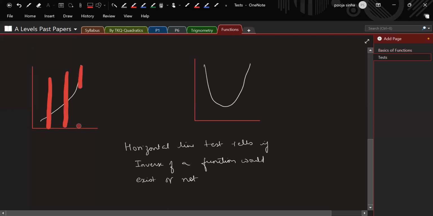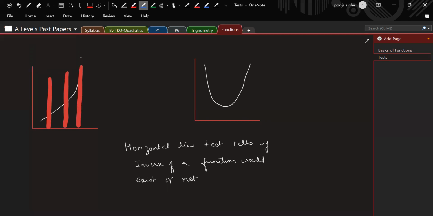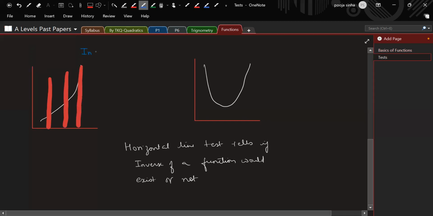So can I say its inverse will exist? Yes, it exists. And what kind of function is this? It is a one-to-one function. So keep that in mind: if it is a one-to-one function, the inverse is going to exist. Keep that in mind, going forward we are going to use it often.